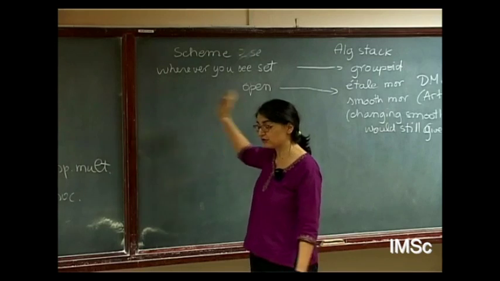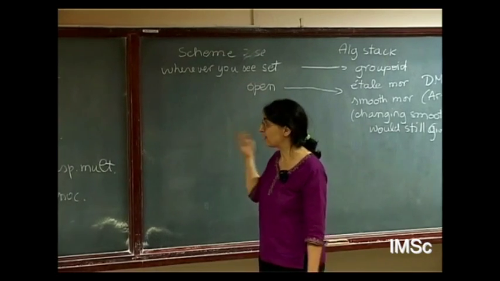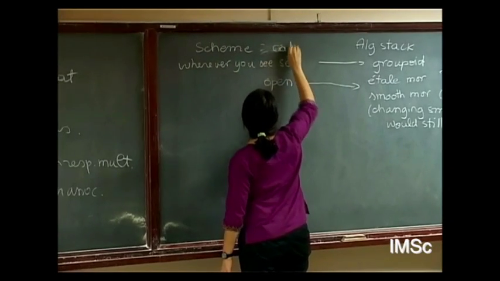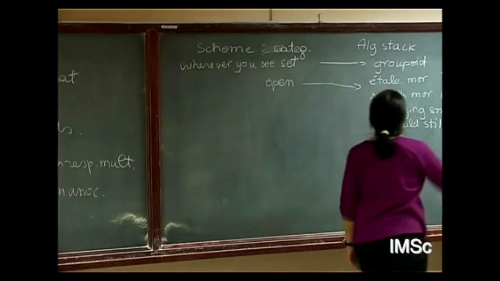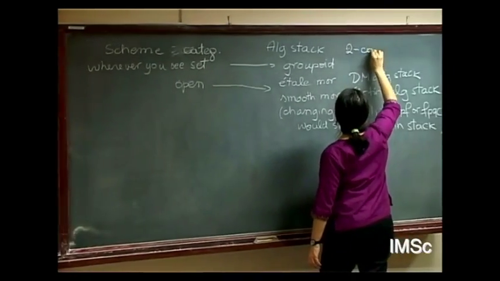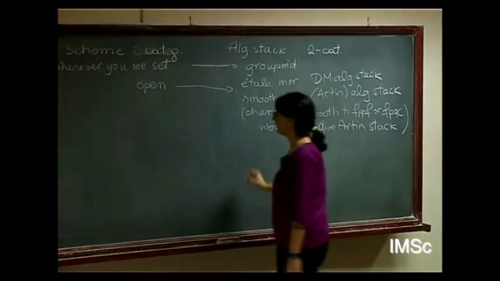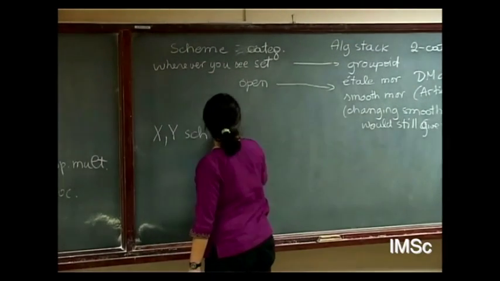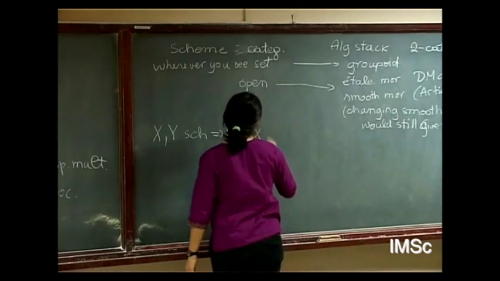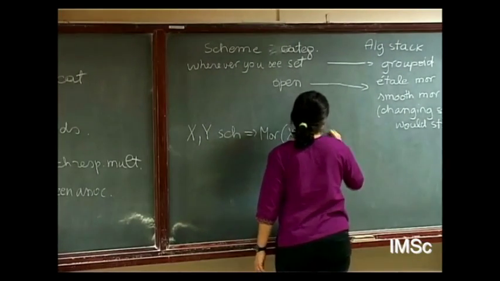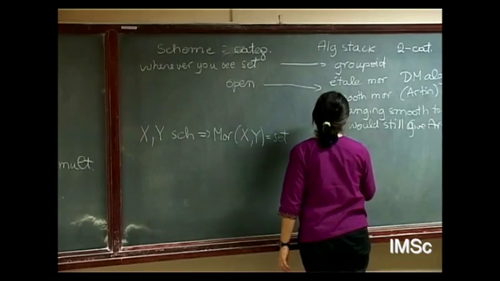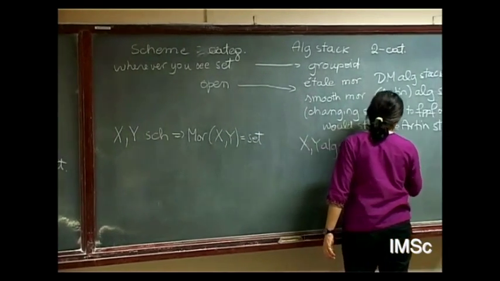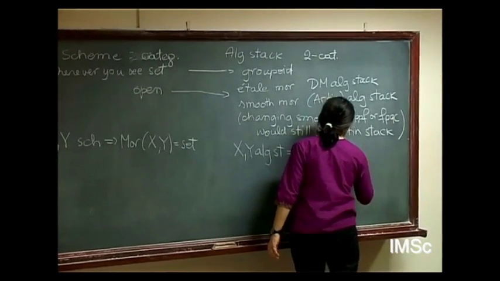I'm not going to write this down, but rather what I'm going to insist is that schemes are a category and algebraic stacks are 2-categories, in the sense that if X and Y are schemes, then the morphisms from X to Y is a set, and if X and Y are algebraic stacks, then the morphisms from X to Y are a groupoid.